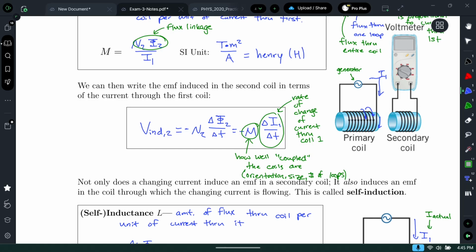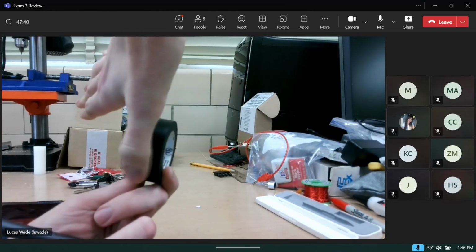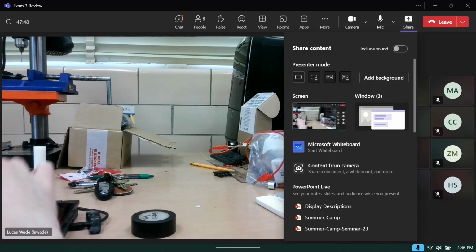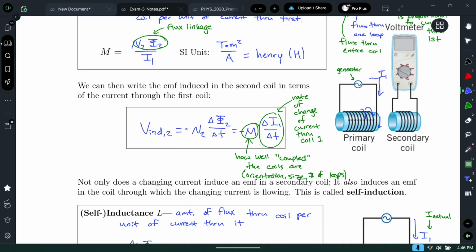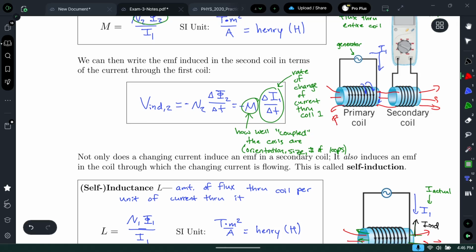If I use my second right-hand rule, I can figure out that if current is flowing down like that, when I grab on, my fingers point to the right. And so that current's going to create a magnetic field that points to the right, something like this, and it will extend out past the coil to some extent. So we might call that B1.